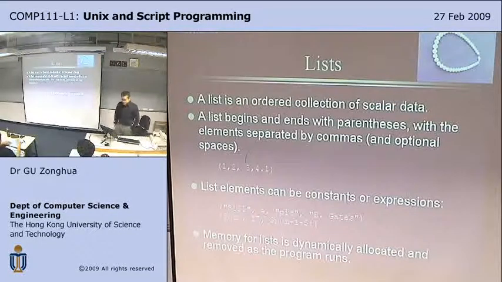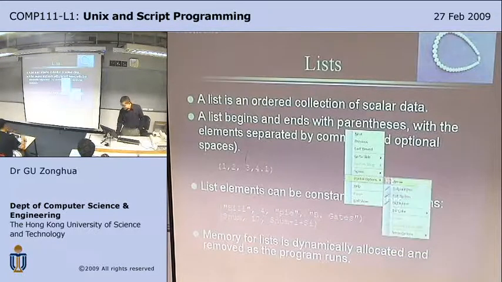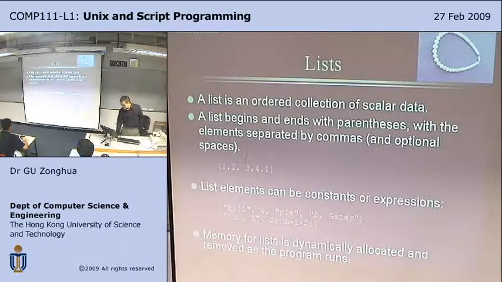So lists. We discussed scalar variables in Perl just now. Now we turn to list variables. A list is an ordered collection of scalar data. So it's different from a set, right? A set is unordered, while a list is ordered.